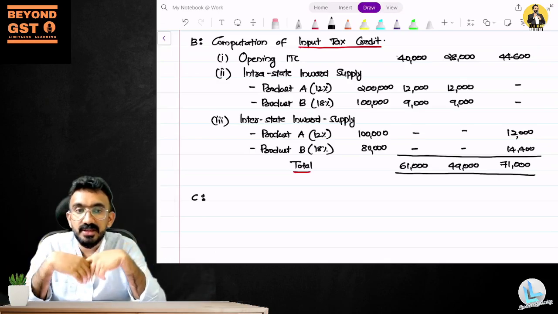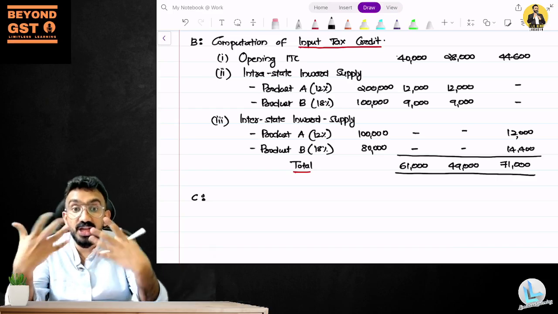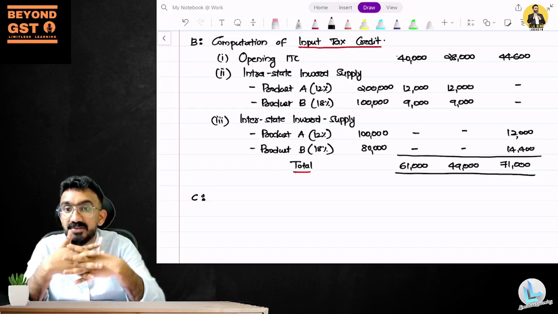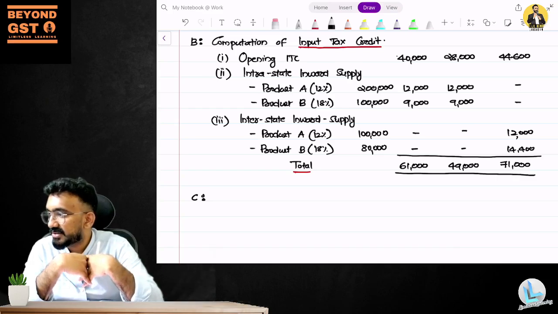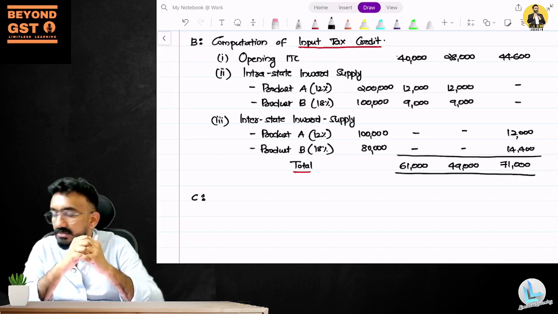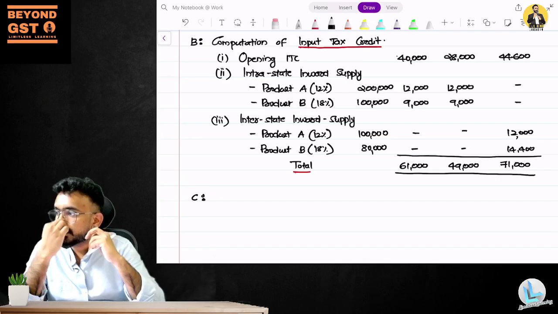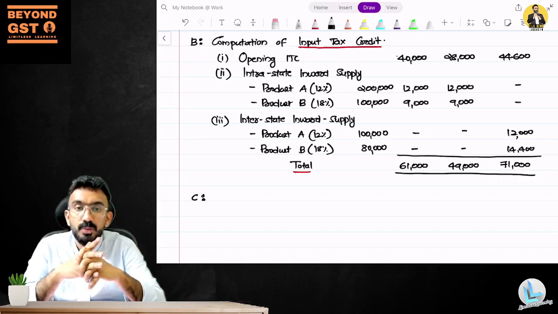Some input tax credit can be blocked credit. Some input tax credit can be ineligible. Some inward supplies would be exempted. Some inward supplies I have to pay tax under RCM and then take credit. Is it clear to all of you? So what happens?